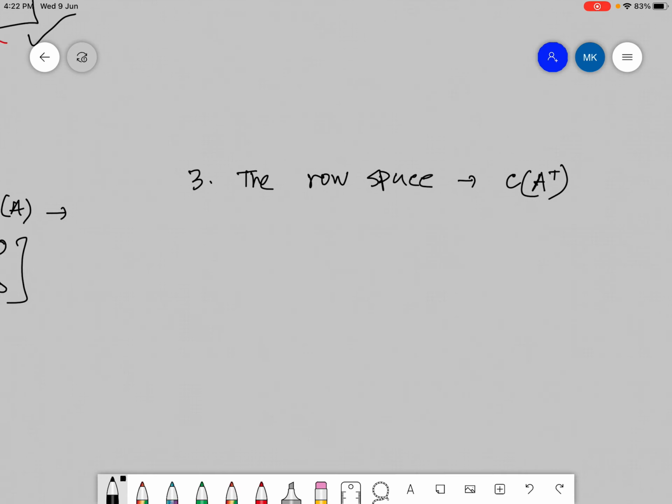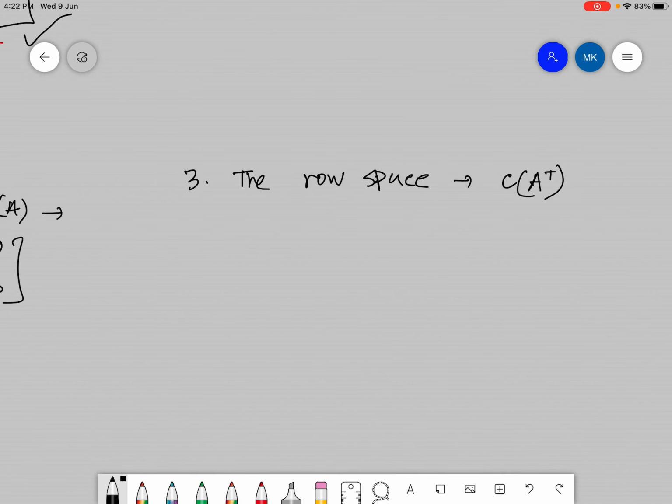Okay, so let's write this down. So A transpose is basically 1 3 5 0 7, then 0 0 0 1 0, then 0 0 0 0 0.